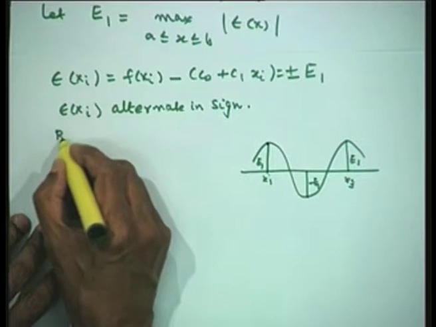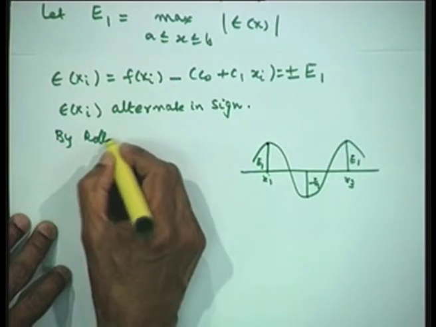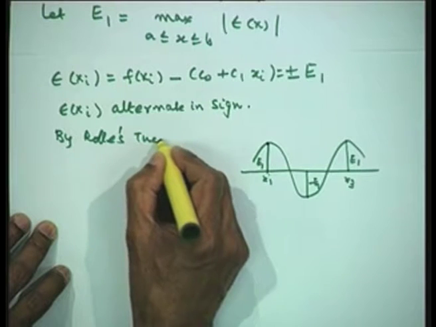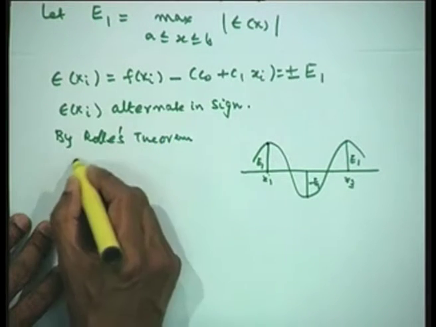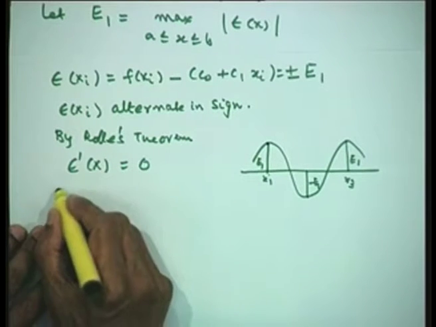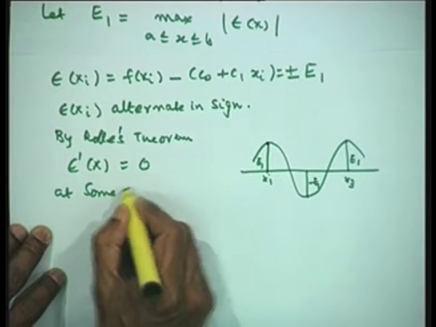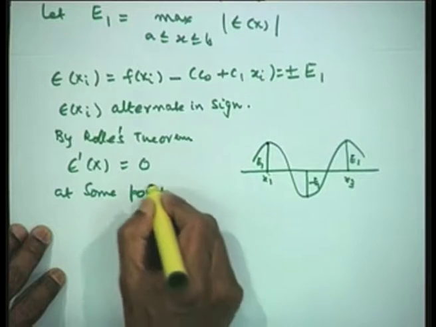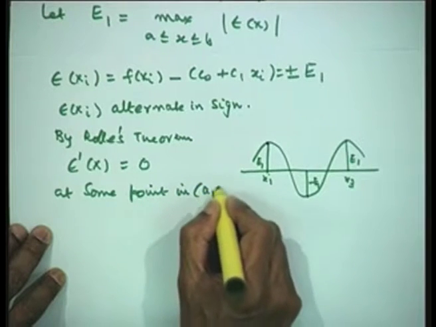So, we have by Rolle's theorem epsilon dash x, derivative of epsilon x, is equal to 0 at some point in a b.